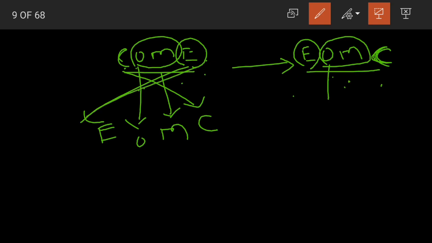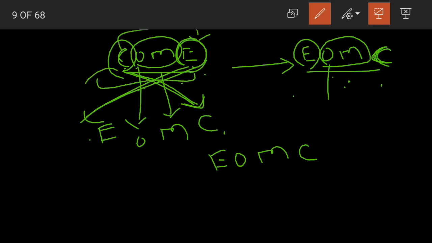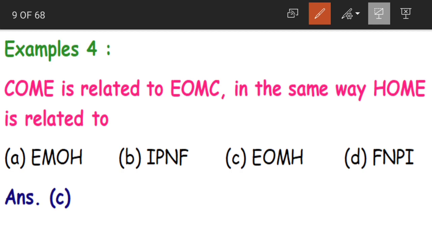The first and last letters are interchanged. COME is the word, but what did we do? Here E was the last letter, we brought it to the front. C was the first letter, we pushed it to the last. The places of first and last letters are interchanged.